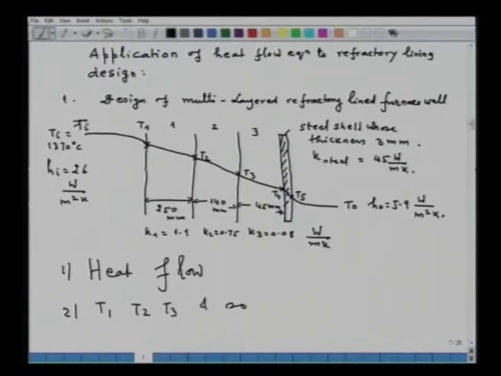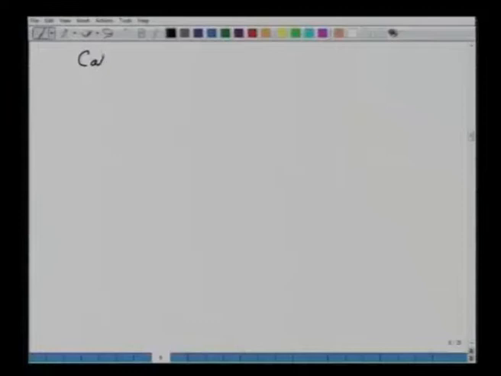How will you calculate now? First of all we have to calculate the heat flow. So we will calculate the thermal resistance, that is A into RT. I have already given the formula.